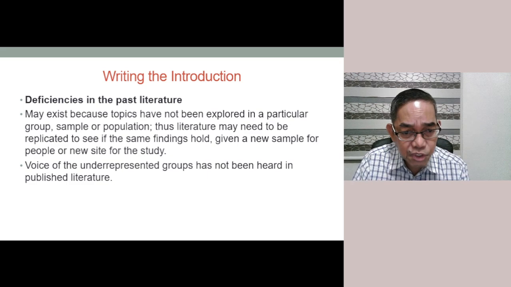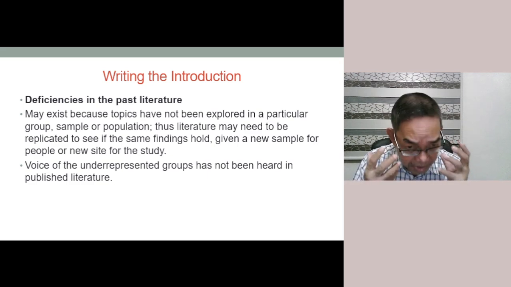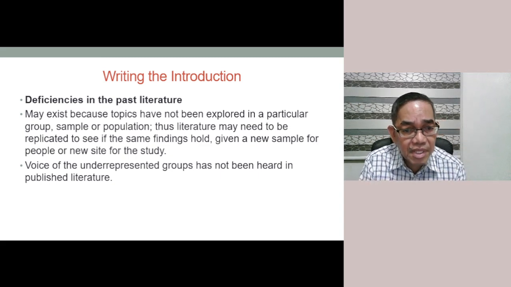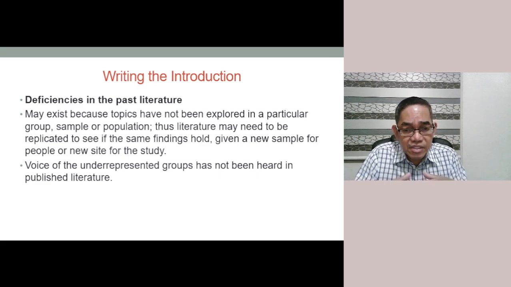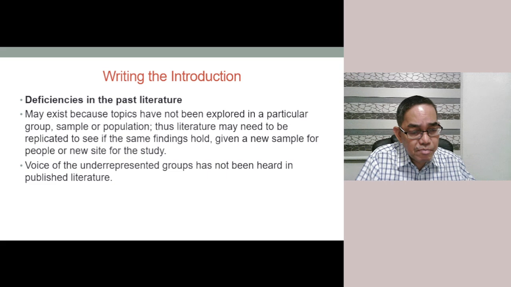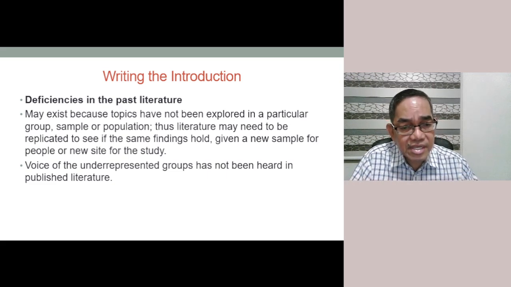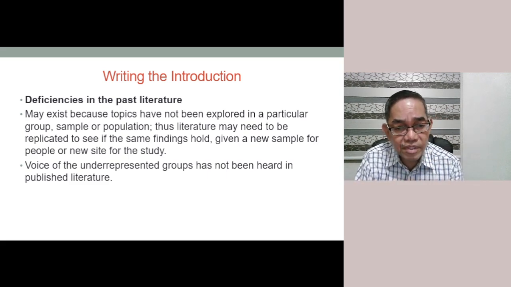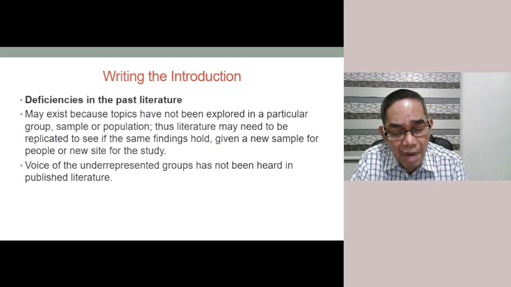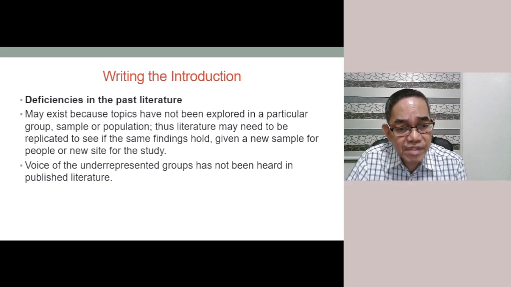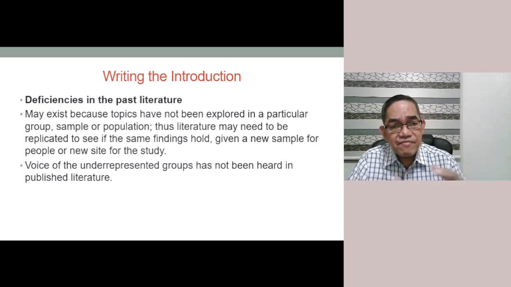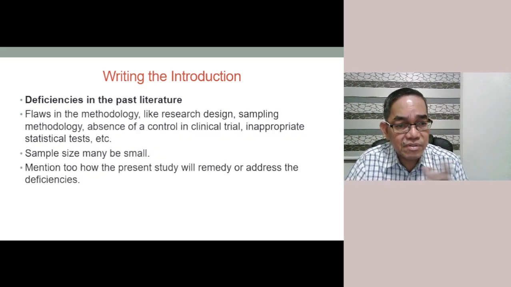The study that you are doing now may be the same as the previous studies, except that you are now using a new set of sample, new people, new site for the study, and you want to know whether their findings will also hold in your own population. And the voice of the underrepresented groups has not been heard in published literature. So this can also be a deficiency in the past literature.